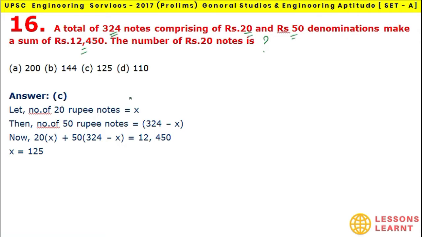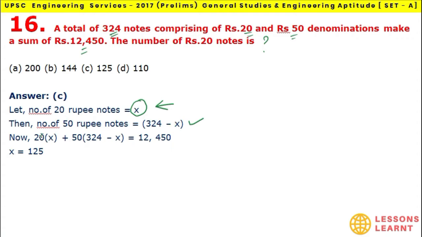First, let the number of rupees 20 notes be x, which we have to find. Then the number of rupees 50 notes will be 324 minus x, because 324 is the total number of notes.